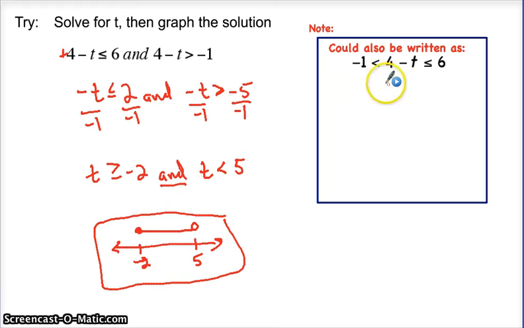So we're going to subtract our 4 from all parts. We just have to remember to do it from the middle as well as both the left and right sides.